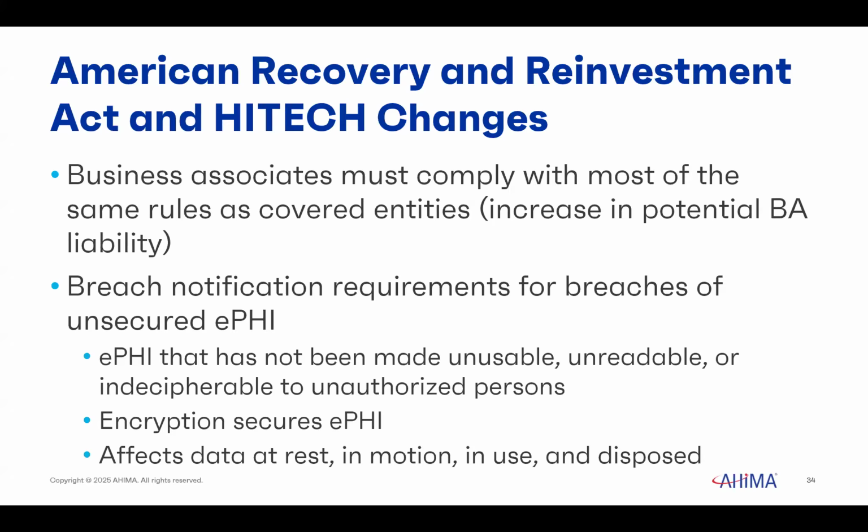And it basically says business associates must comply with most of the same rules as a covered entity. Just because you're a business associate, an organization like Kaiser, like UC San Francisco, and others can't just say, well, that was the contractor's fault. The contractor and the covered entity are responsible.